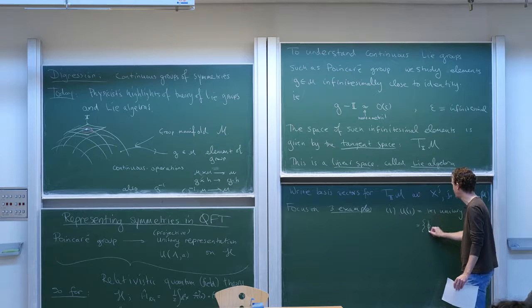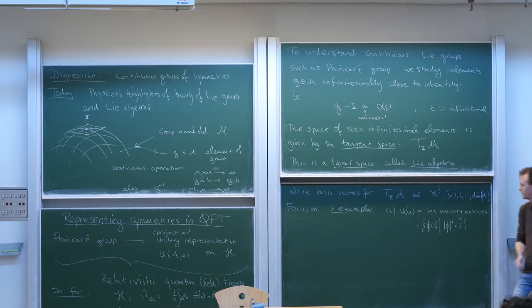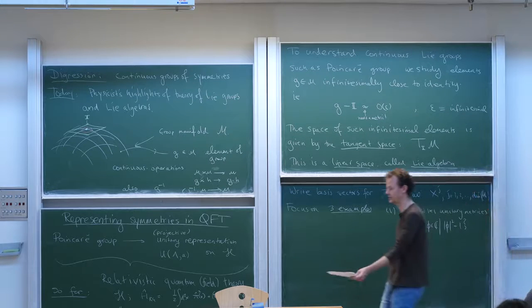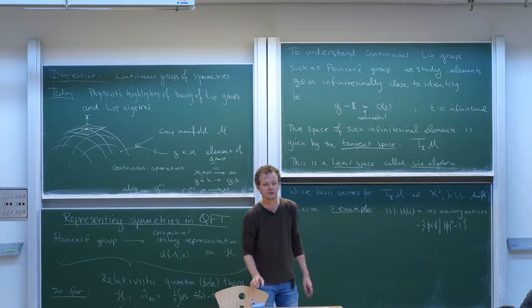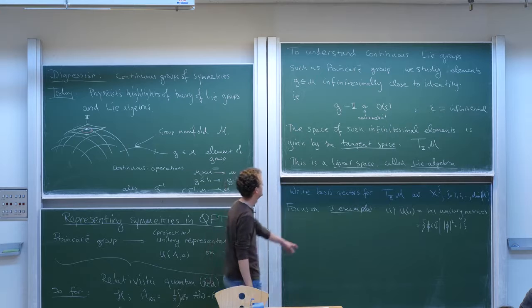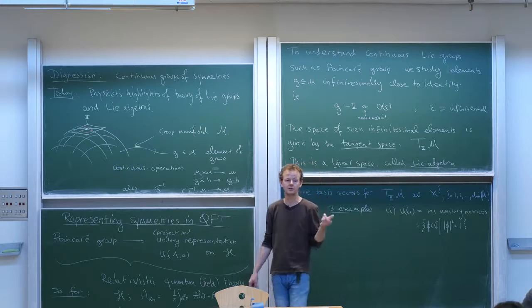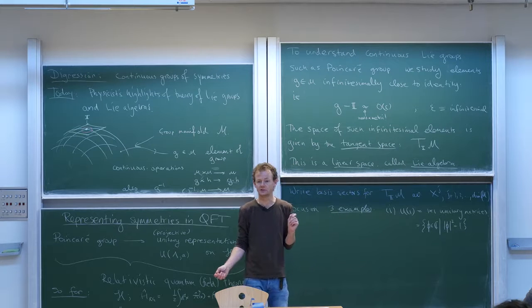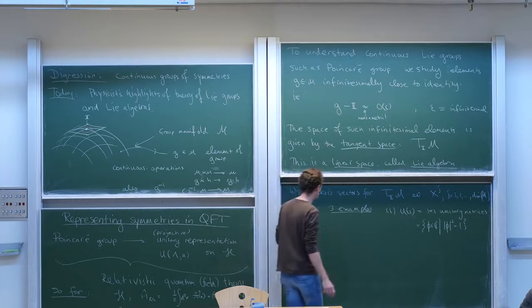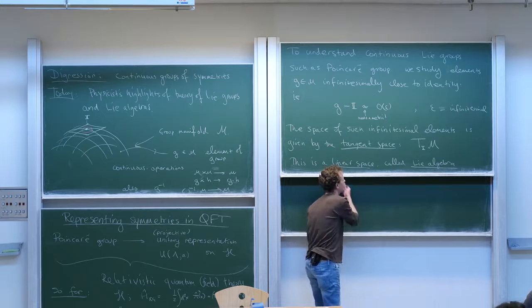So it's the set of phi in the complex numbers such that the norm of phi squared equals 1. So that's our very first continuous Lie group. And you can check that the operations of taking an inverse and multiplication are indeed continuous in the standard topologies. It's not so difficult.